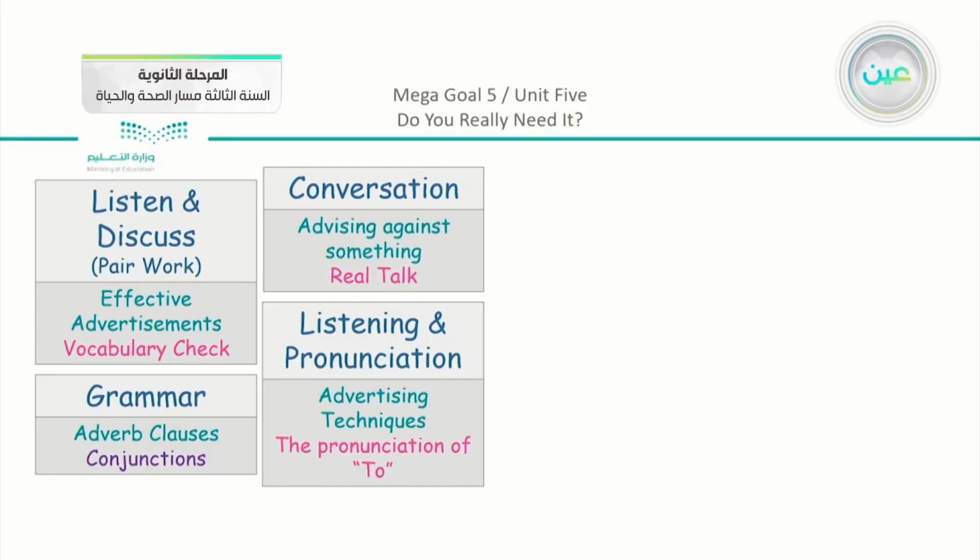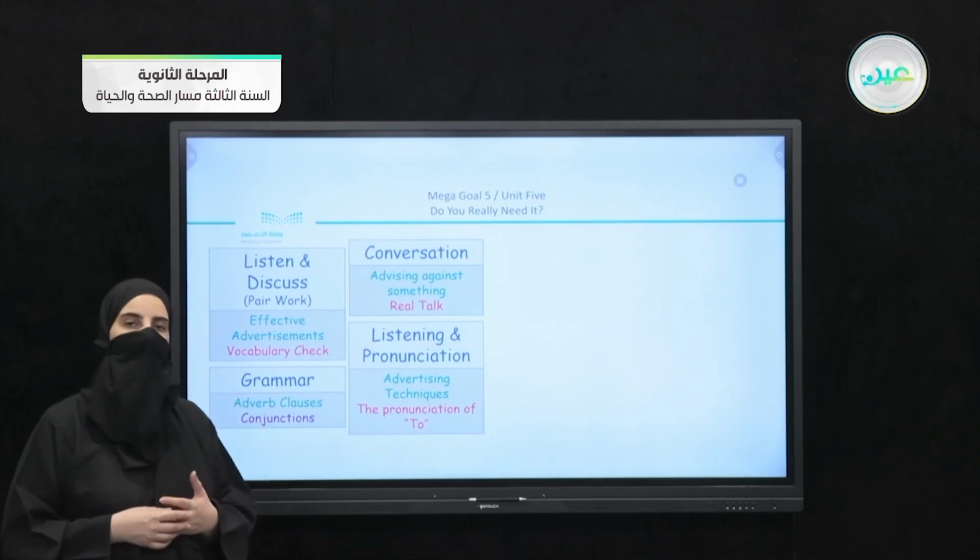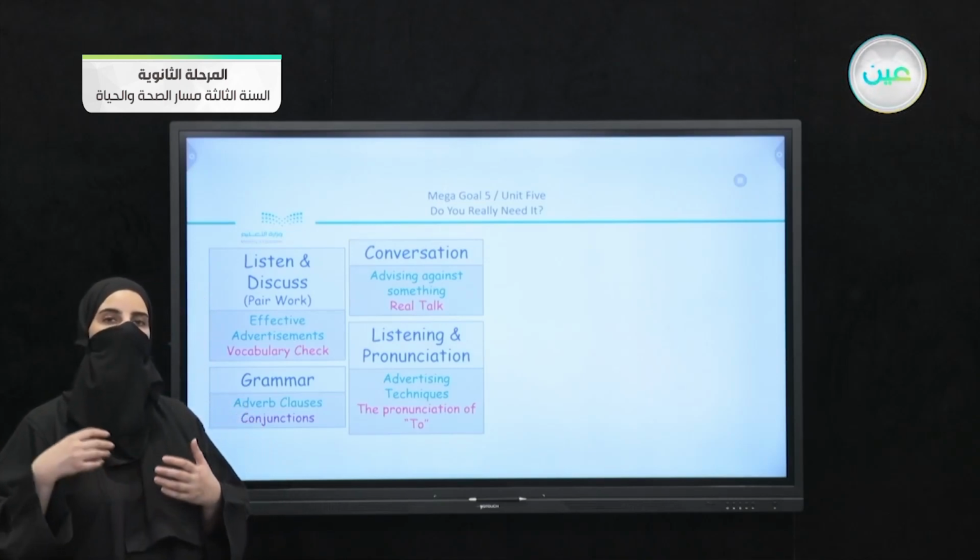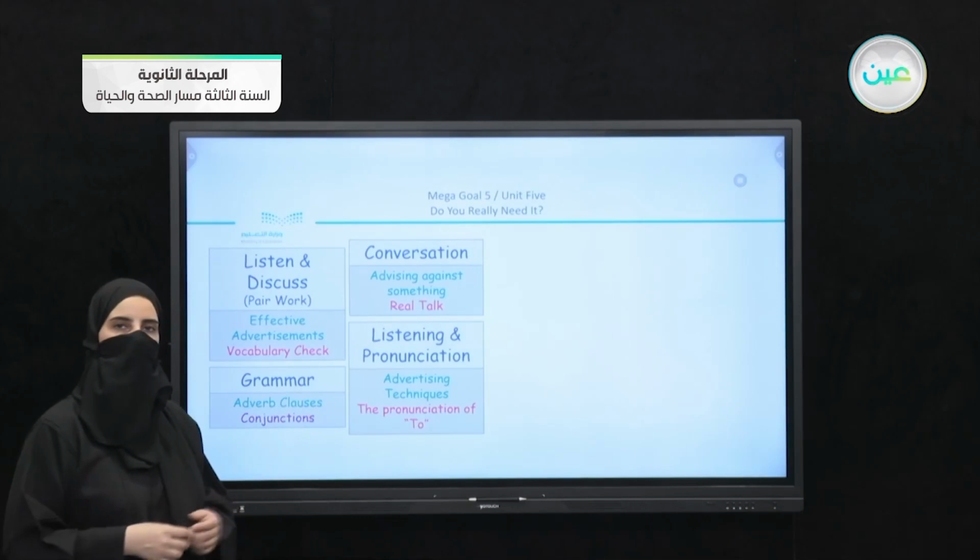After that, in our listening and pronunciation lesson, we listened to different advertising techniques and we matched between these different techniques and the advertisements that we listened to. After that, in the pronunciation lesson, we learned different ways to pronounce the word to.